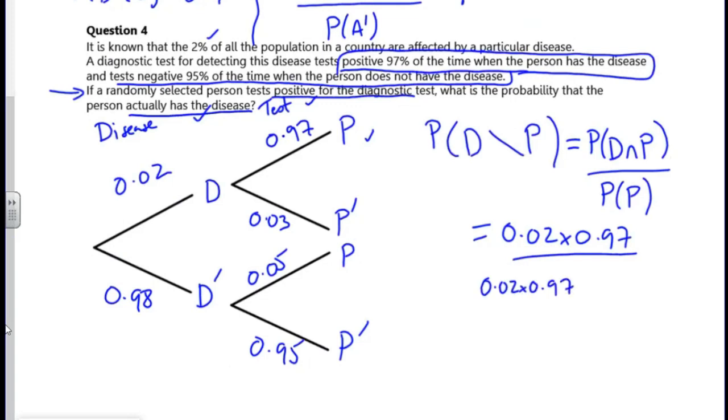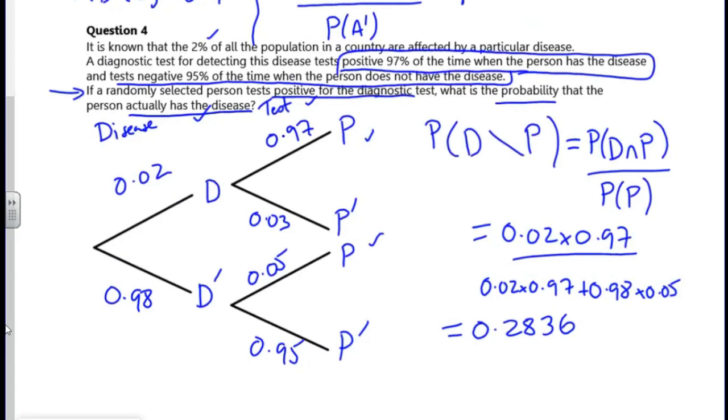But being positive can also come from the third branch down, 0.98 times 0.05. So I've got the disease and positive, and then out of just being positive. If I put that in my calculator, it comes out as 0.2836. So that is the probability.